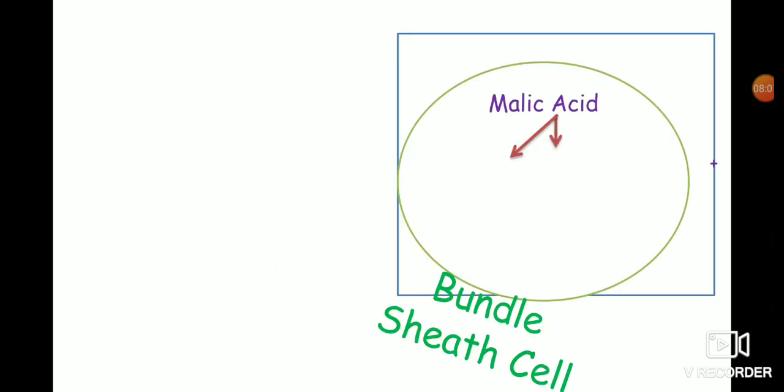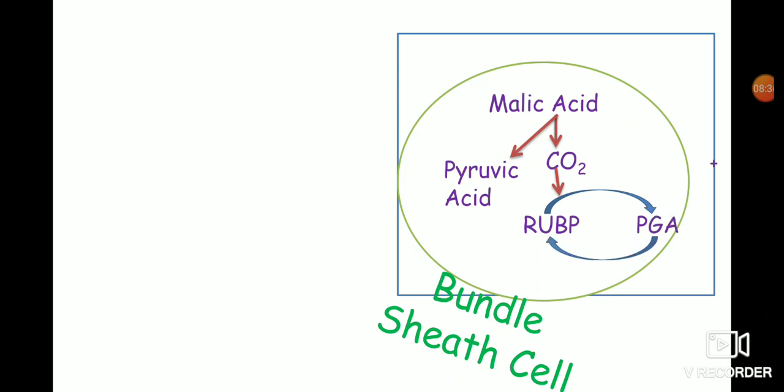Here the malic acid undergoes oxidative decarboxylation, forming pyruvic acid and carbon dioxide. The carbon dioxide released in the bundle sheath cell is used in the carboxylation of RuBP. So the secondary carboxylation takes place in the bundle sheath cell, where the carbon dioxide is accepted by RuBP and it undergoes the C3 cycle, forming hexose sugar.